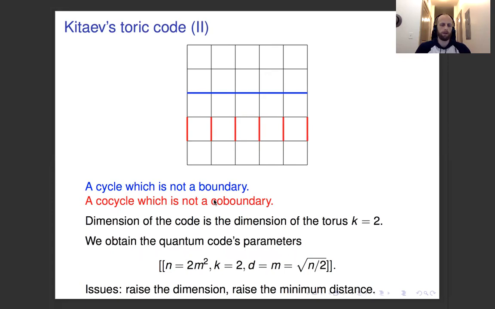And moreover, because we saw before that the dimension of the code is equal to the dimension of the homology of the torus, which is known to be equal to 2, we see that our code is of dimension 2, and in fact, from what we described so far, we get the following parameters of the Kitaev toric code.